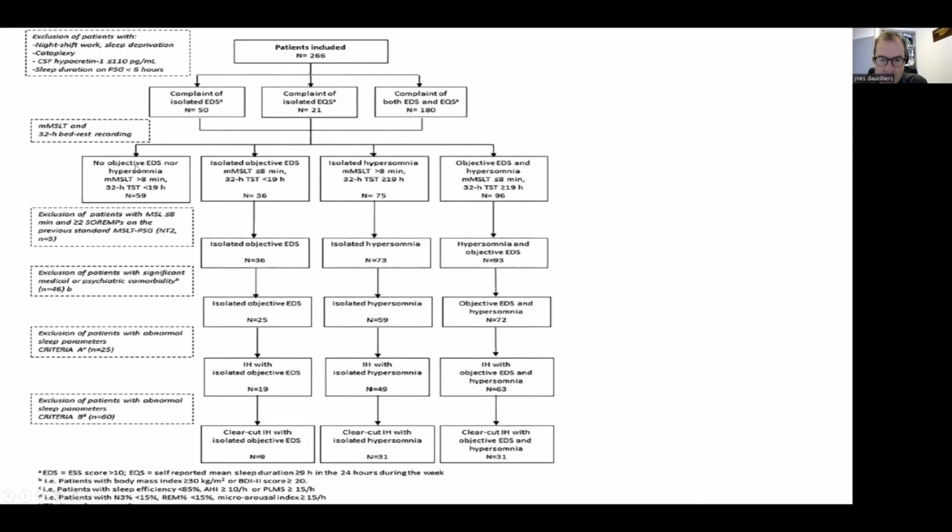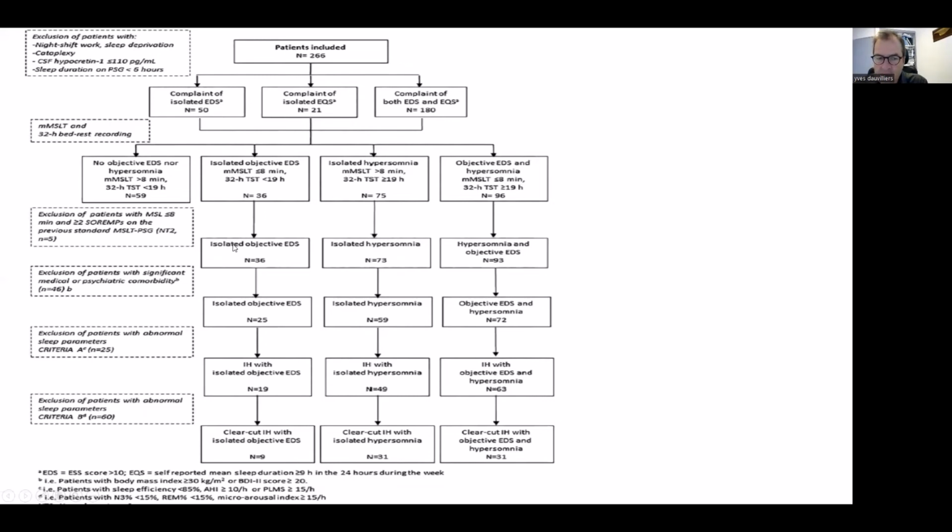And after we separate as a function of objective measurement, no objective abnormality on MSLT or long sleep duration, or just isolated objective daytime sleepiness, but normal sleep duration. In contrast, isolated hypersomnia, or both. They are objective EDS and objective hypersomnia.